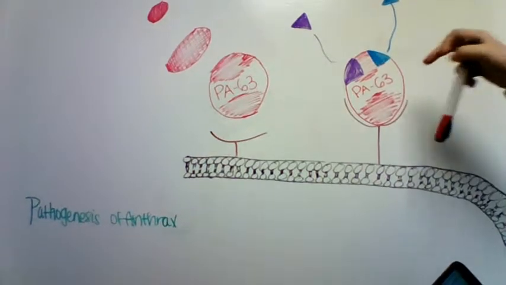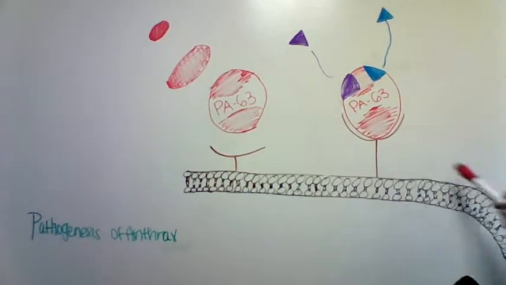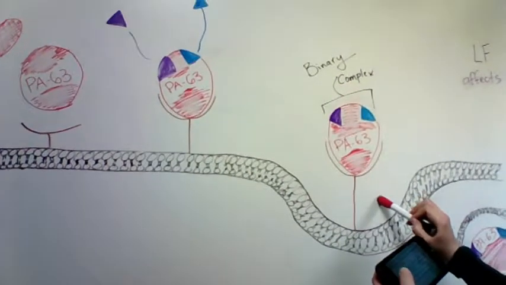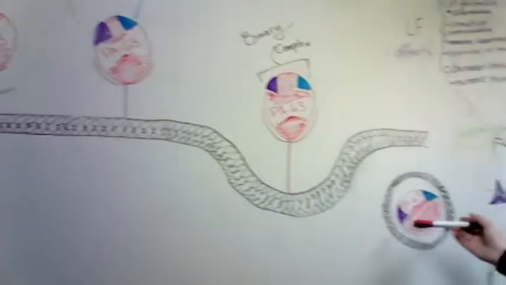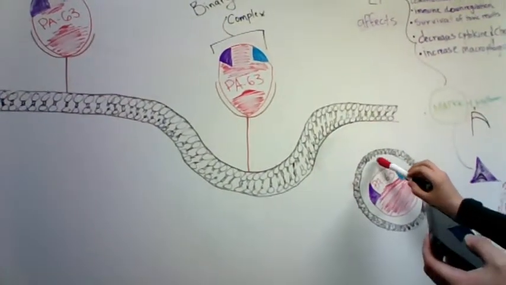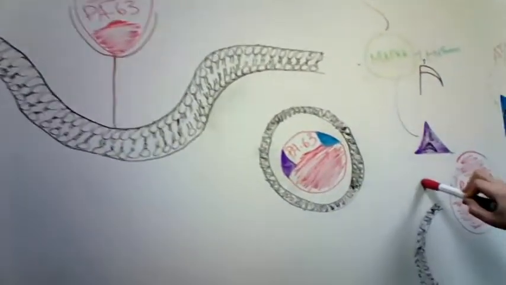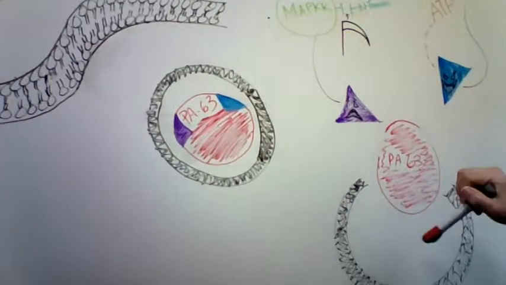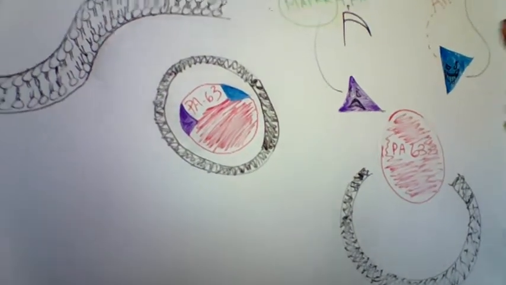Once the protective antigen is activated, complexes bind to the anthrax toxin receptors, assisting in the endocytosis of the toxin complex. Over here, it is shown that the PA63 with the complex is inside the cell, which leads to the translocation. And this is where the edema factor and the lethal factor cleave off.